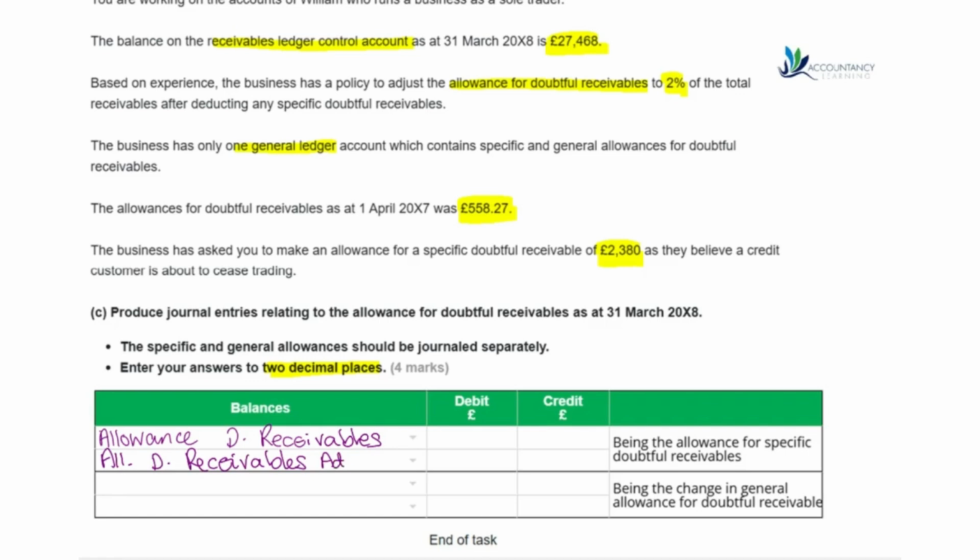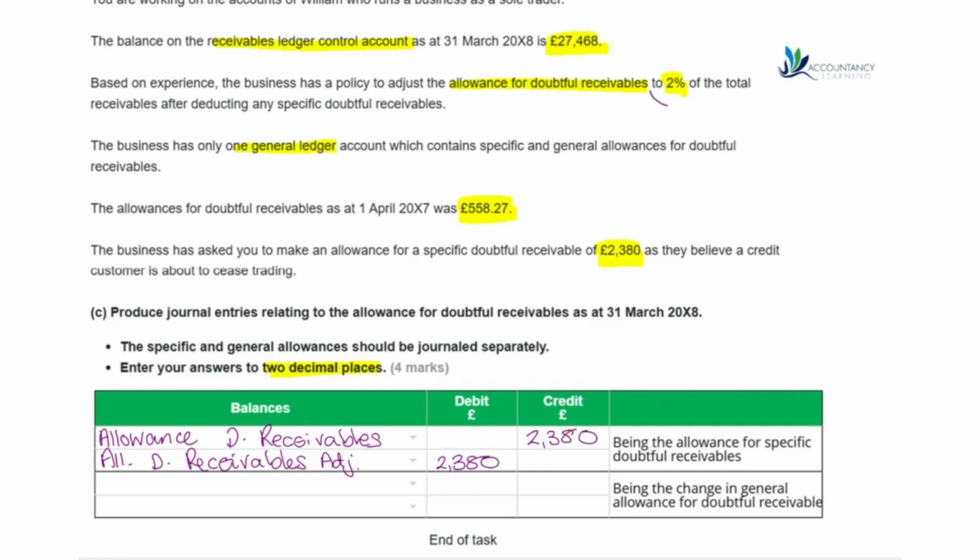So the adjustment account is going to be where we record the increase and decrease in the expense to the business. So this specific doubtful receivable is going to be a full expense to the business. So that will be our debit. And the allowance for doubtful receivables is our liability account, it's our provision account. So that will be our credit.